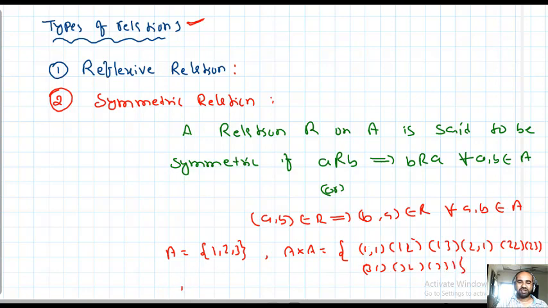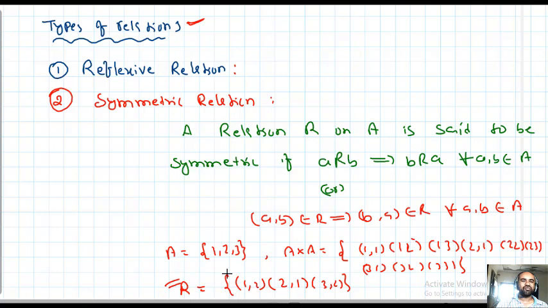From this, a relation R is taken: {(1,2), (2,1), (3,2)}. It is a relation because it is a subset of A cross A. Now you want to check whether this relation is reflexive or symmetric. (1,1) is not there, so reflexive failed. R is not reflexive.